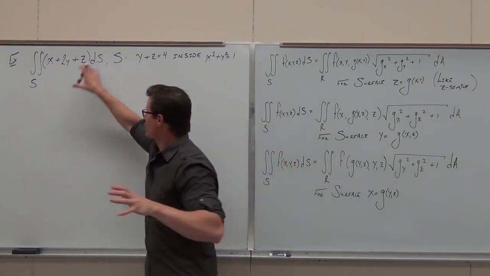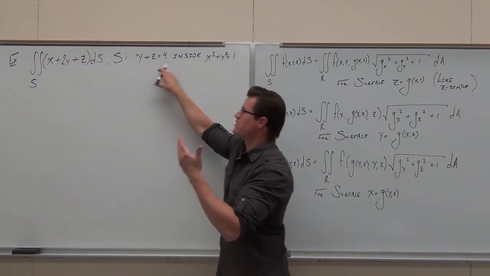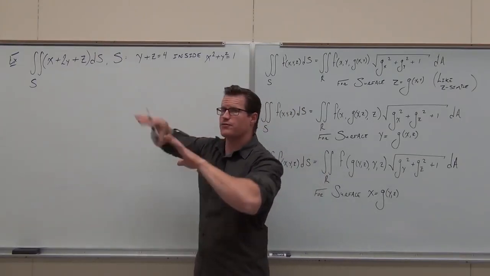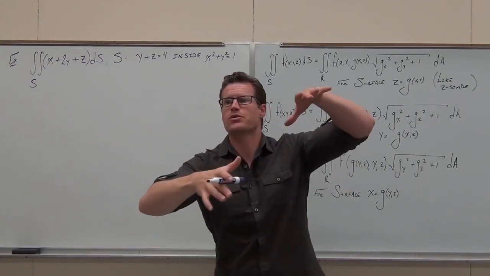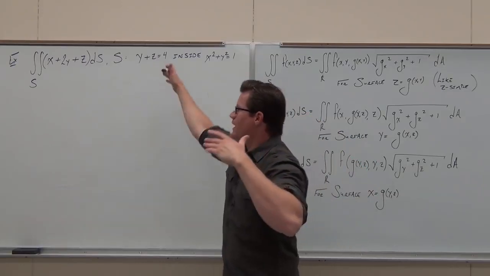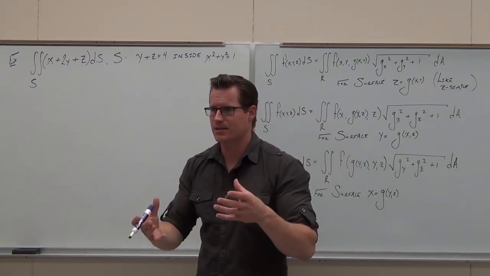It has surface area. We have a mass density function at every point on that surface, and I've given you a surface. Notice, this is not flat according to a coordinate plane. It's going through 3 space, all right? Yes, it is a plane, but not according to a coordinate plane is it considered flat. Does that make sense to you?